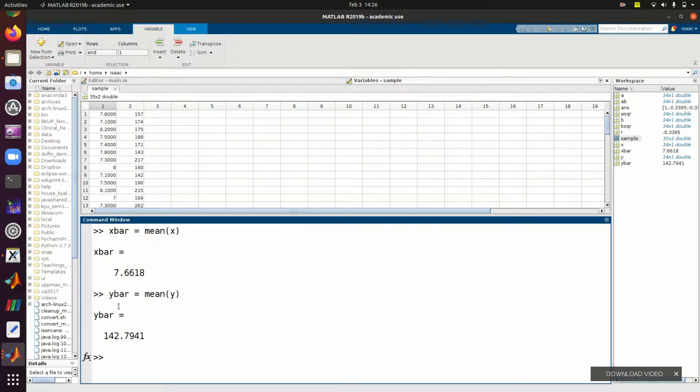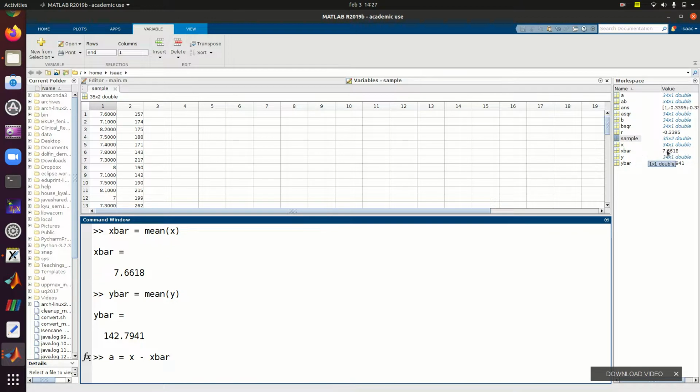Okay. So what else? We have a column which we are going to call A, and that is x minus x bar. You see that in the formula. So please note that x here is a vector of 31 rows and 1 column, a column vector.